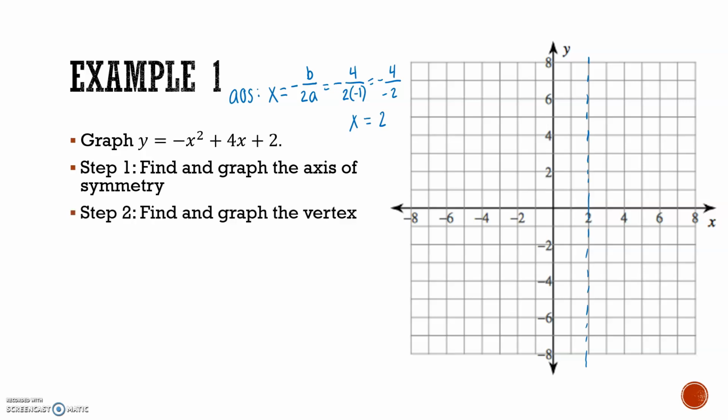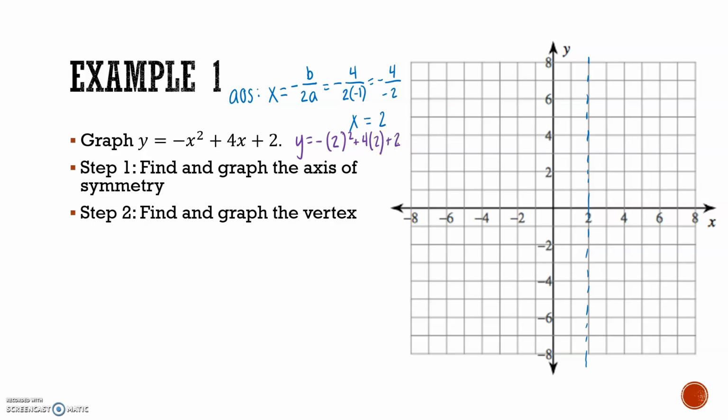Next, I'm going to find and graph the vertex. I know that my x-coordinate is 2, and I take that x-coordinate and plug it into the equation to get y. So y equals negative 2 squared plus 4 times 2 plus 2.